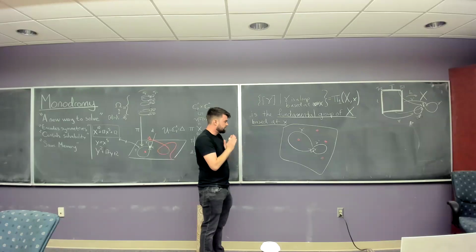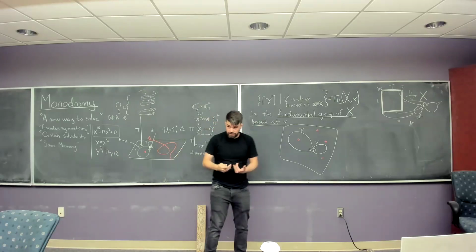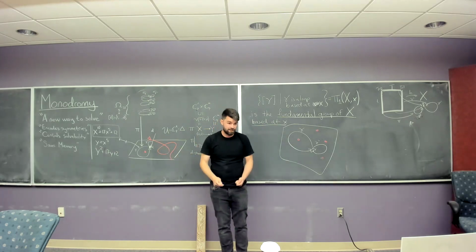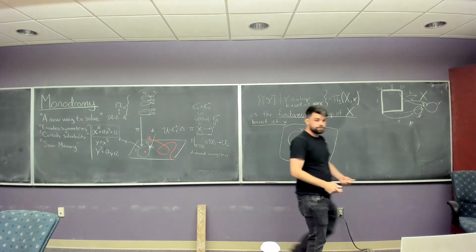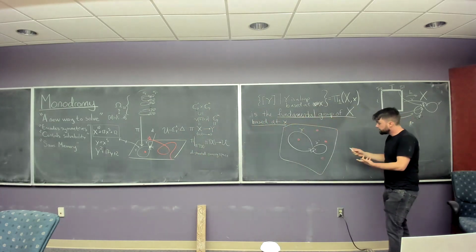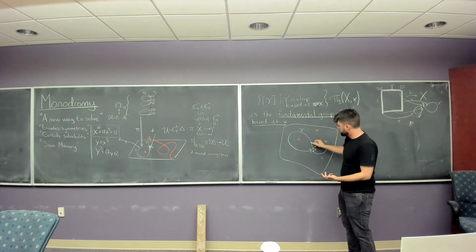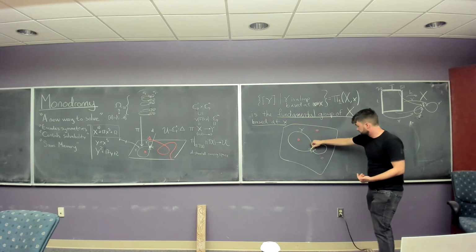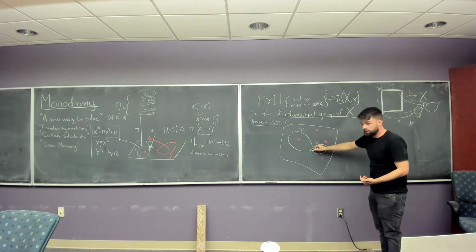So what do I need? I need a way to take gamma and gamma prime and combine them together to get something that starts at X and ends at X. And I really encourage you to think about gamma as just some movie, which plays from second 0 to second 1, that motion. And gamma prime is some movie, which plays from second 0 to second 1, that motion.